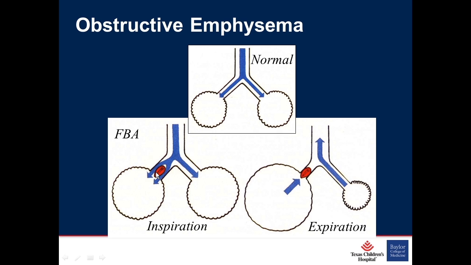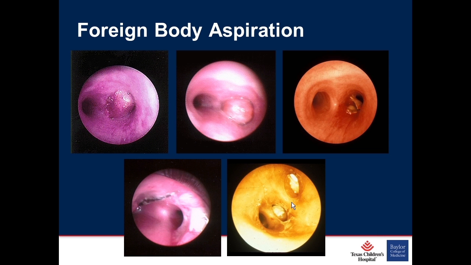If you look at this picture, when you have a foreign body aspiration, this foreign body is completely obstructing the right main stem, and when you breathe in, air is going around the foreign body. However, when you breathe out, the bronchi collapses and air can't escape from that side of the lung. So air progressively gets trapped in that lung and causes a progressive obstructive emphysema.